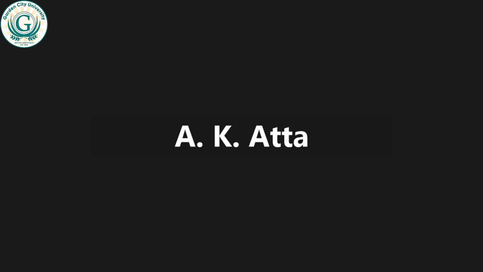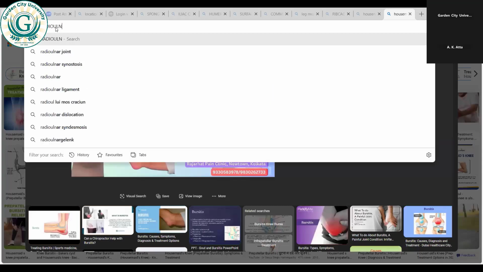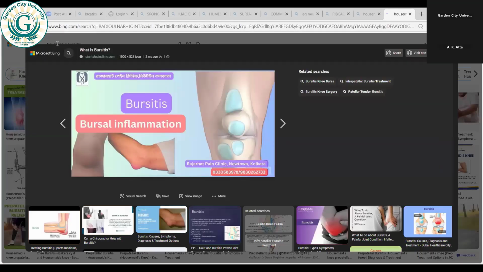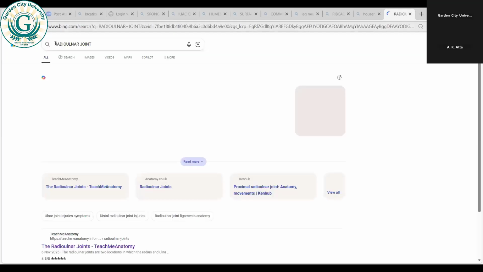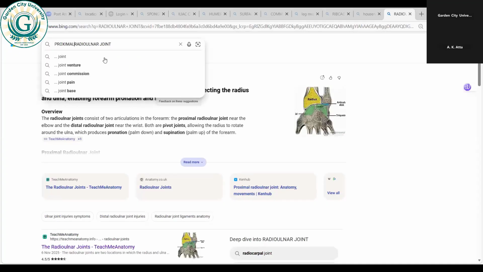The radioulnar joints. And I want to show you how the radioulnar joints, why we are saying that it's a pivot type of joint. The proximal radioulnar joints.